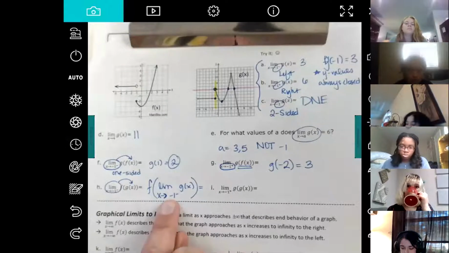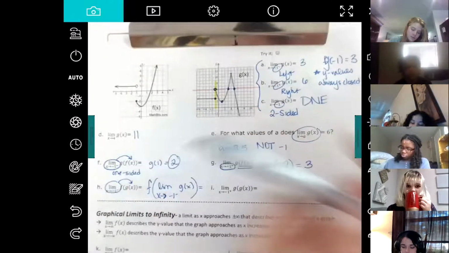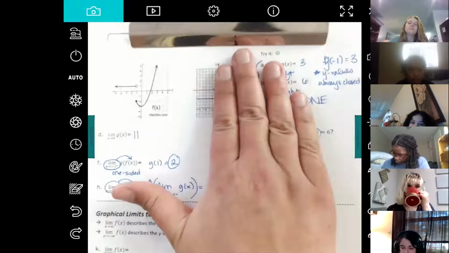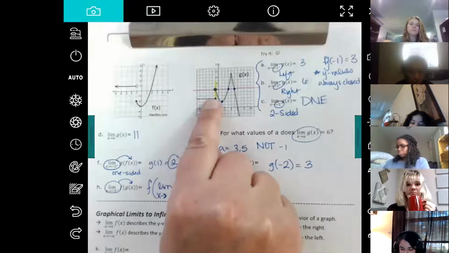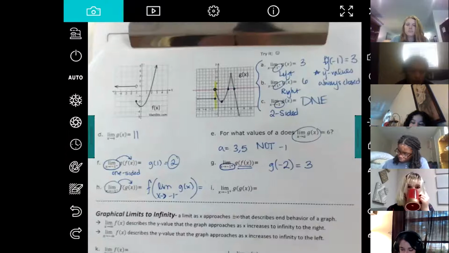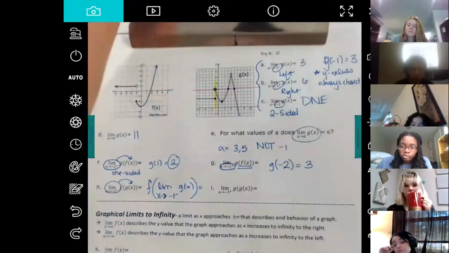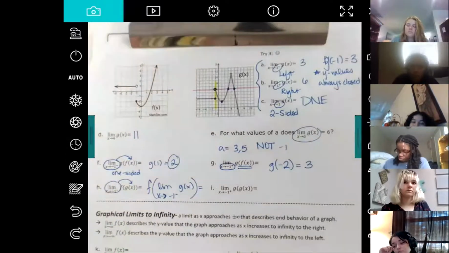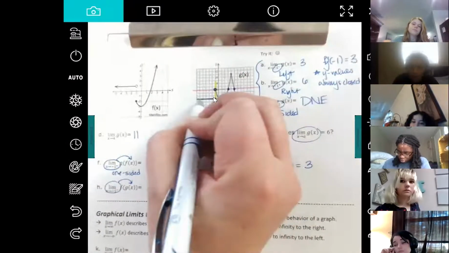So on my graph of g, as x approaches -1 from the left-hand side, I'd be looking at this graph, but I only care about that side of the graph. So as I trace this graph over, what's my y value from the left-hand side towards -1? Say that louder one more time. So the right side is 6 over here, but we want the left side, so that would be 3.